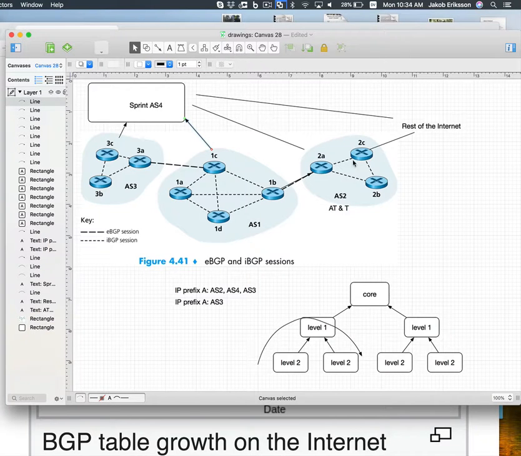So now anyone in Europe who wants to get to us should get their routes from AT&T. AT&T should be announcing to Europe, but Sprint should not be announcing it to Europe.